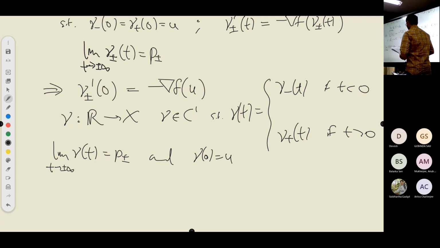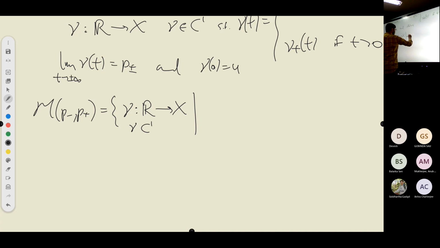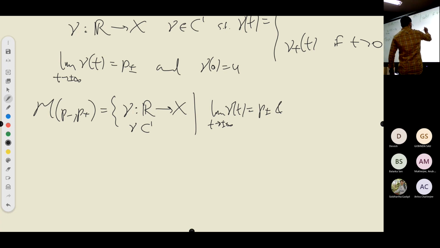Okay, so this is great. This means that we can define a moduli space between p minus and p plus as the set of gamma, maps from R to X, gamma C1, with the property that the limit as t tends to plus or minus infinity of gamma t is equal to p plus or minus, and it satisfies the gradient flow equation.